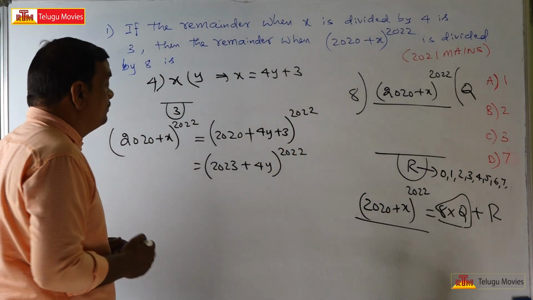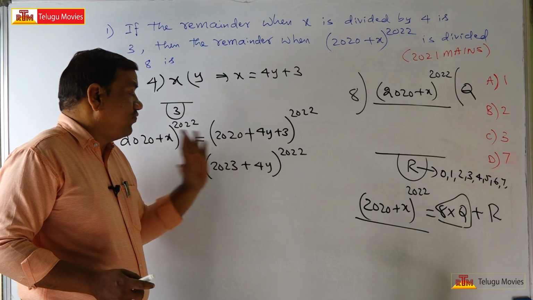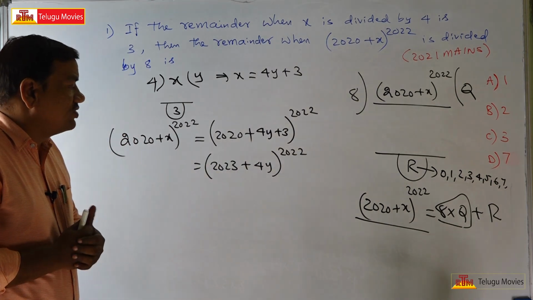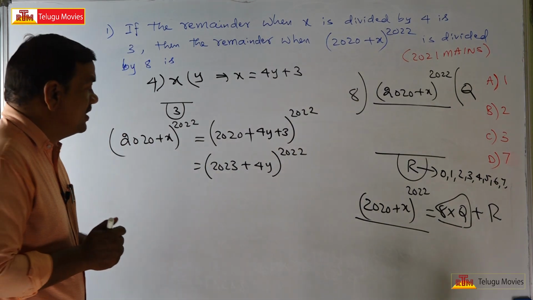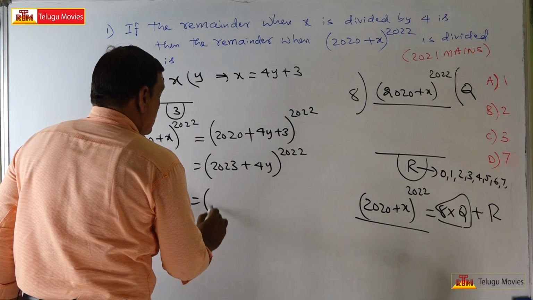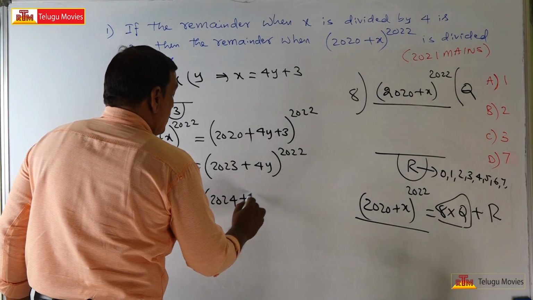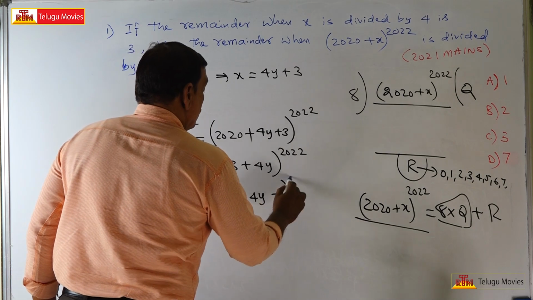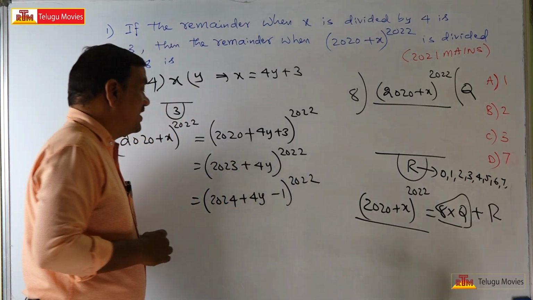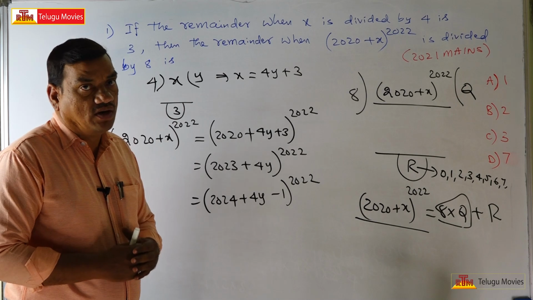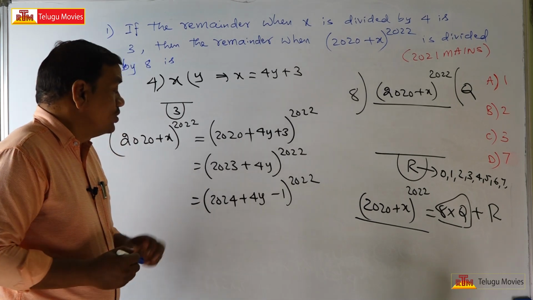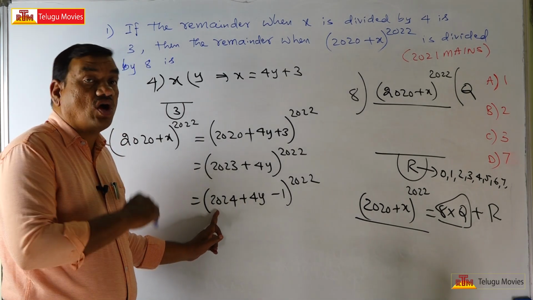So here, 2023 plus 4y. Can I take anything common outside? No, I cannot take common outside. That's why I will do it like this: (2024 plus 4y minus 1) whole to the power of 2022. So what I did is I added and subtracted 1. Now I can take 4 common outside.